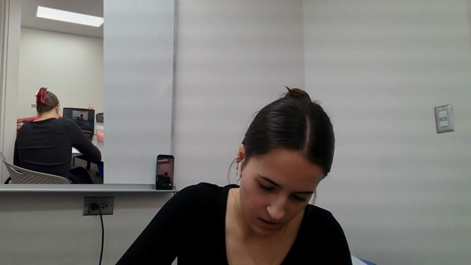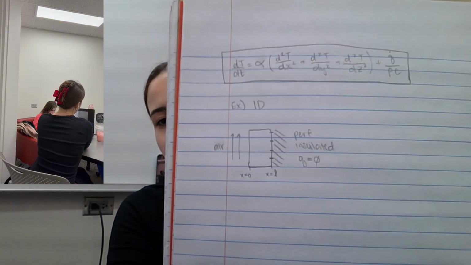And then on the other side, it's going to be exposed to air, so there's going to be some sort of cooling factor on that side. And we're going to designate our lengths as being x equals 0 and then x equals L.